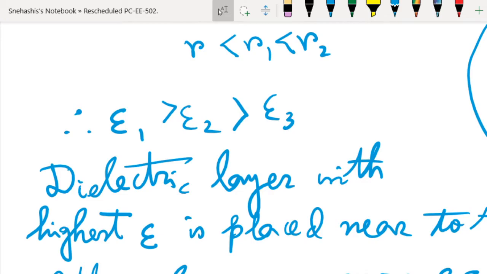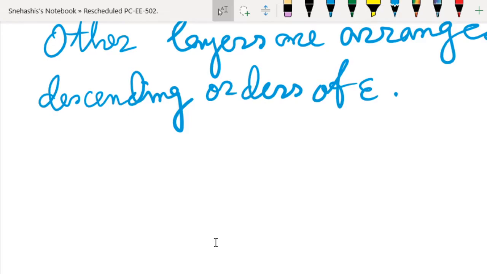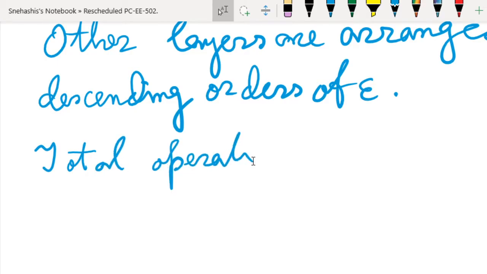Now total operating voltage of the cable, that means the total hatched area. So let us derive that.